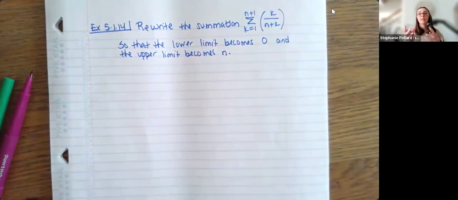So again, you just have a shift here. We don't really want to change the answers. We just want to have different bounds to start with, but I still want the same output.